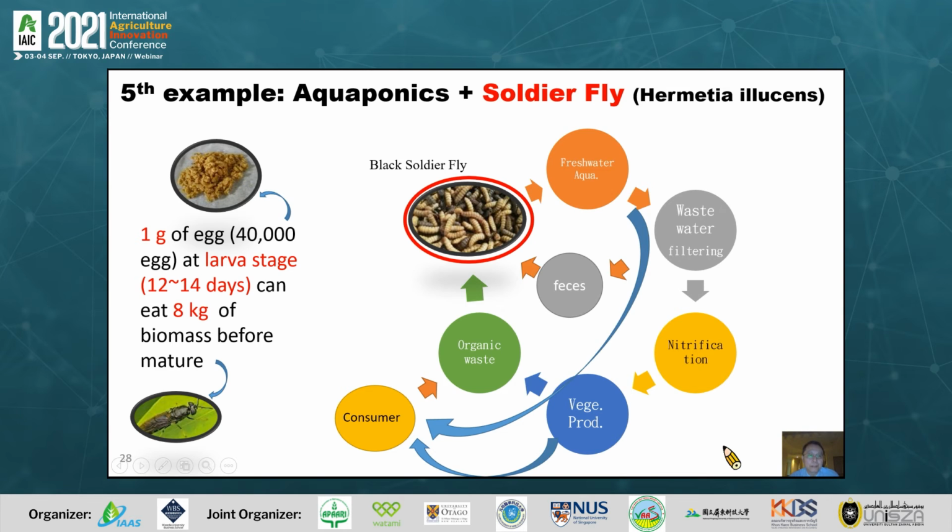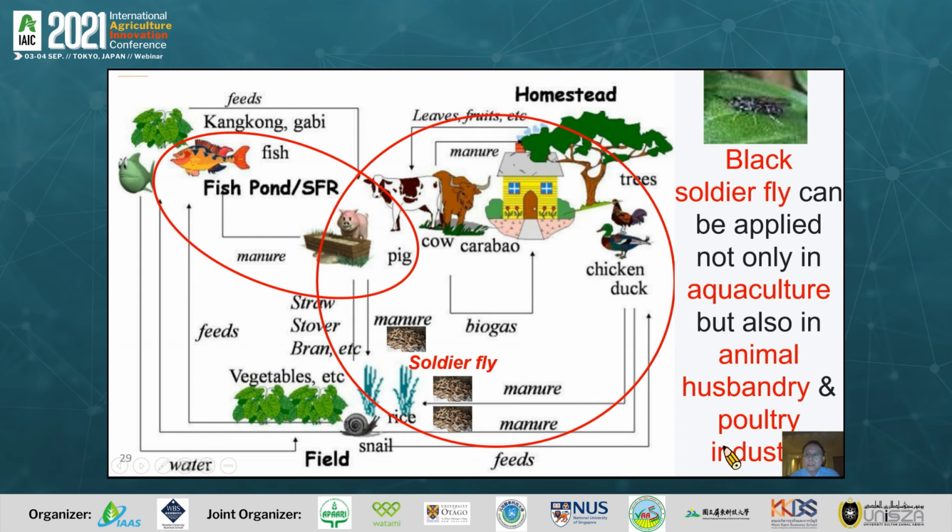And at the larva stage, about 2 weeks, they can eat 8 kilos of biomass before maturing. So not only can aquaculture produce some feces, but also animal husbandry, the poultry industry, and even household-generated biomass can become food for the soldier fly.